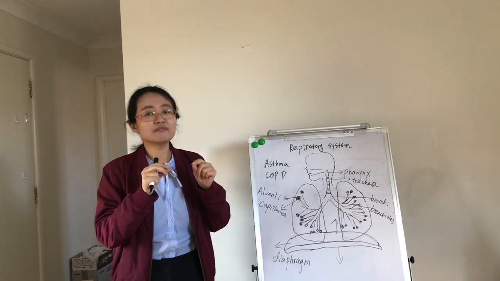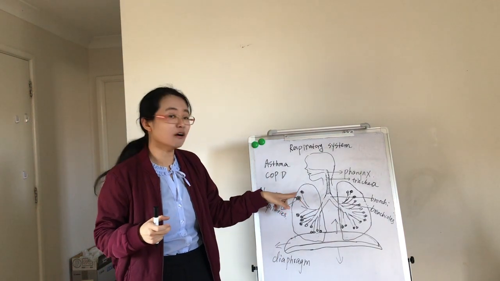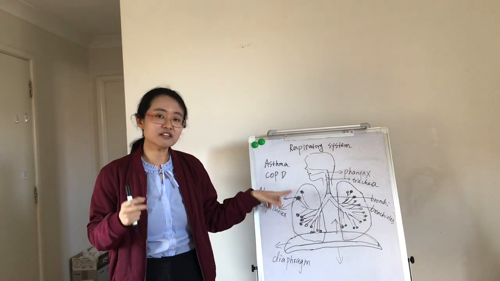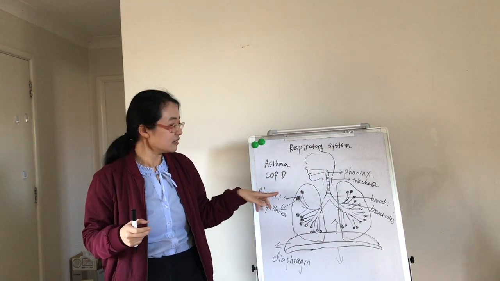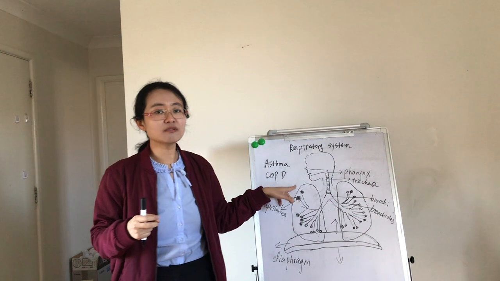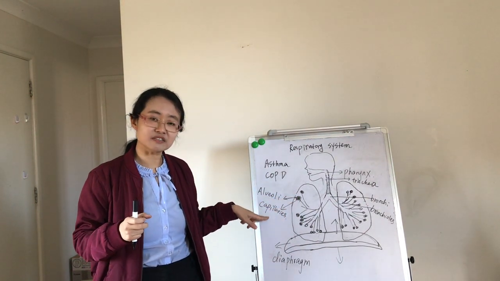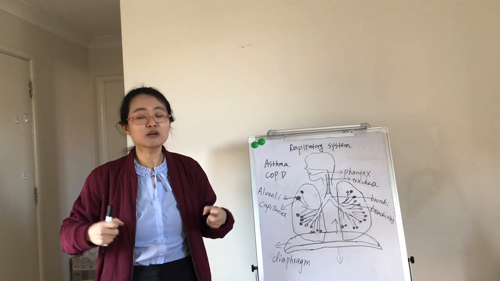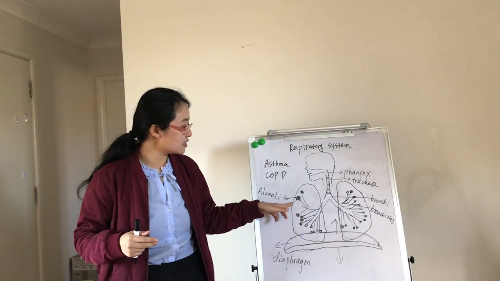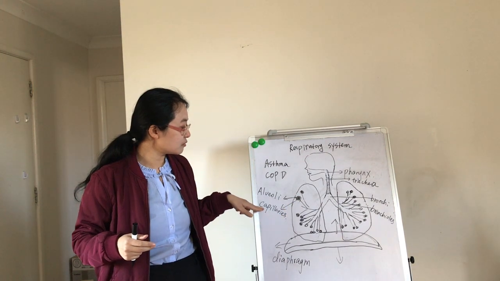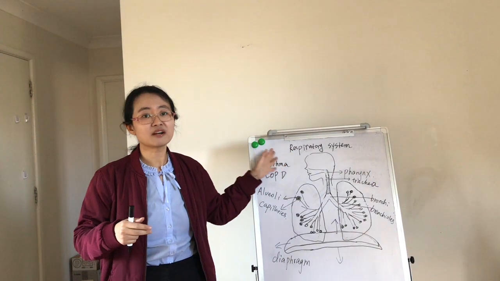There are very thin blood vessels covering the alveoli, and these blood vessels are called the capillaries. The oxygen will be absorbed into the blood through these capillaries, and the carbon dioxide, which is a waste product after you breathe, will be transmitted from the capillaries into the alveoli and then breathed out from your lung.